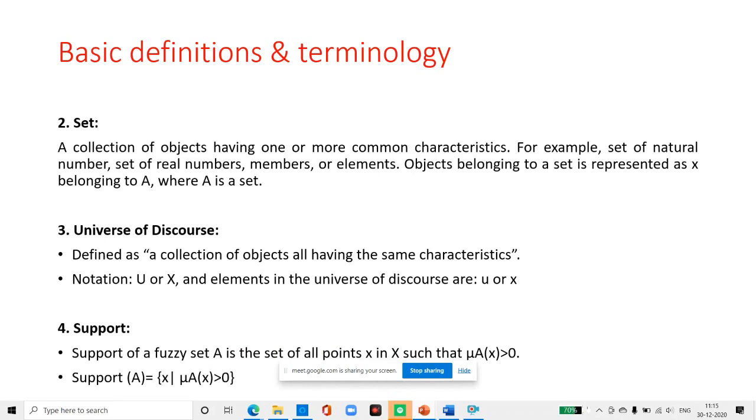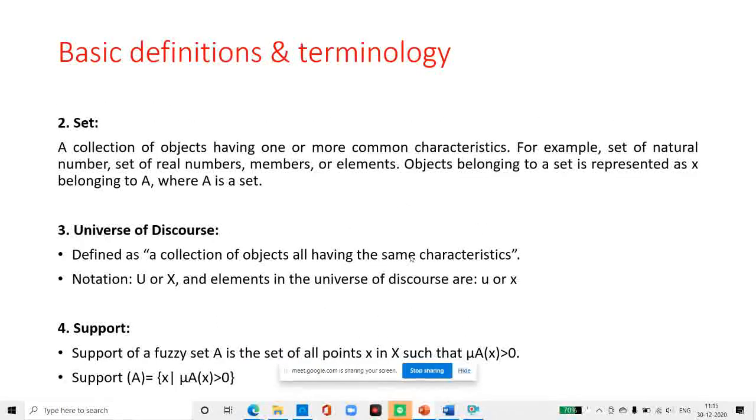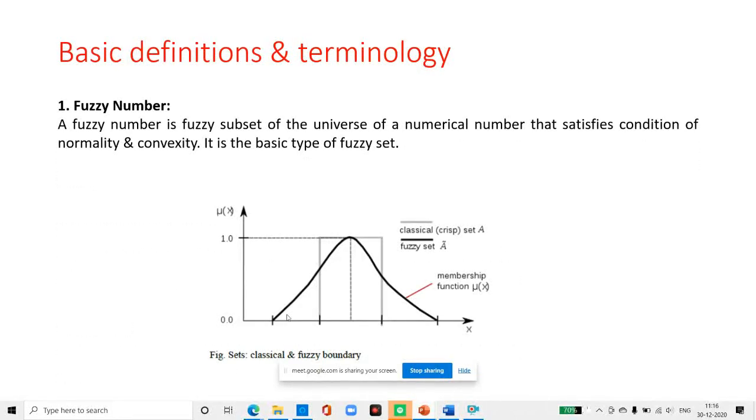So the second terminology is a set. This is our set for the classical set and fuzzy set. So what is a set? A collection of objects having one or more common characteristics. For example, set of natural numbers, set of real numbers, members or elements. Here also a collection of objects having one or more common characteristics is called a set.